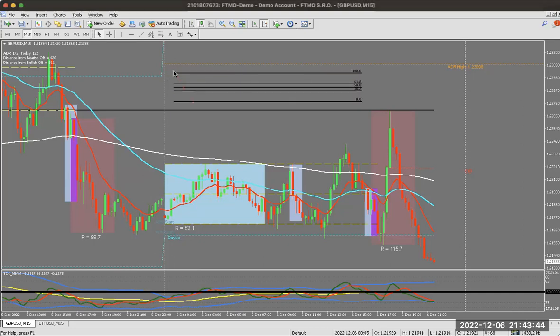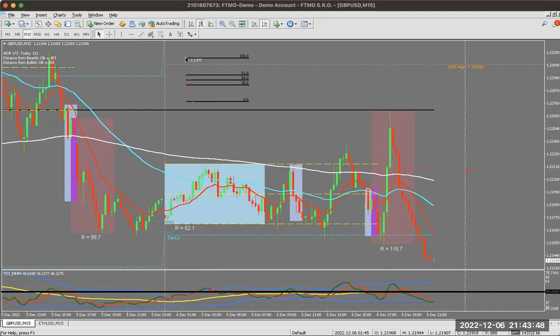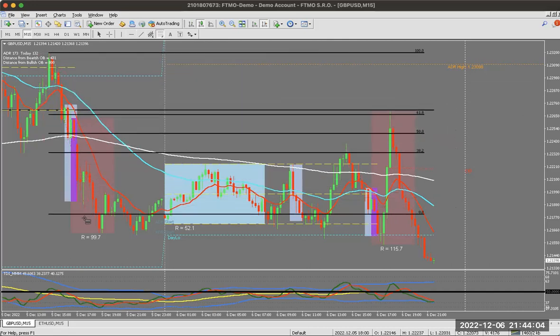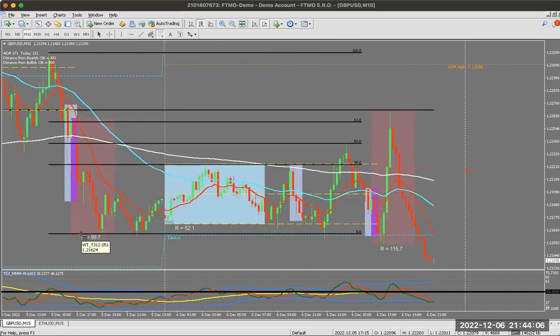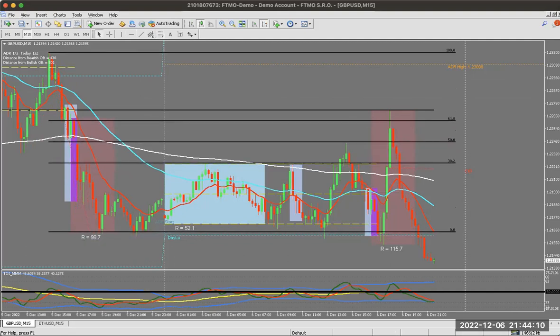Okay, it'll be looking something like this. I hope I didn't get it wrong. Let me see. So I'm going to delete it here, then I'm going to place it from this high to this low. Okay, that's perfect. So I'll explain how it works just now.